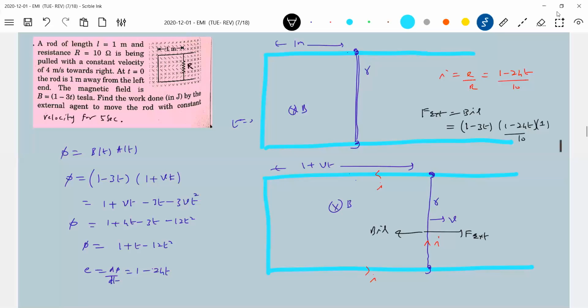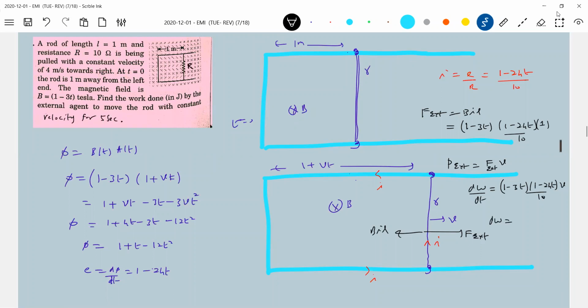How to find the work done? The power generated by the external agent should be equal to F into V. We know F external. So this is dW by dt you're going to write. This equation will be 1 minus 3t, further V will be 4, this will be 2 by 5.